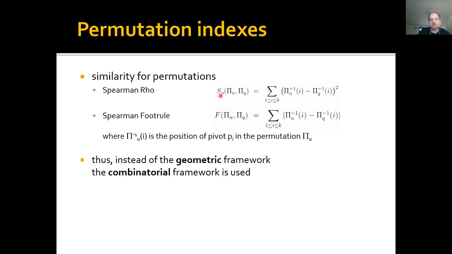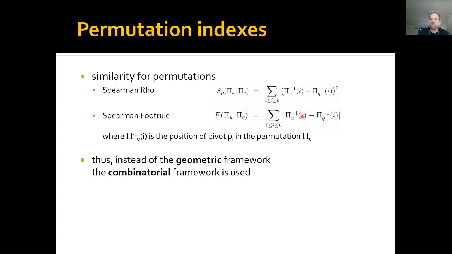And this could be done using Spearman rho or Spearman footrule. They are quite similar, and they have in common this subtraction, where we are determining the position of the ith pivot within the permutation, and we are doing this for the permutation for the object U and for the query or other object.